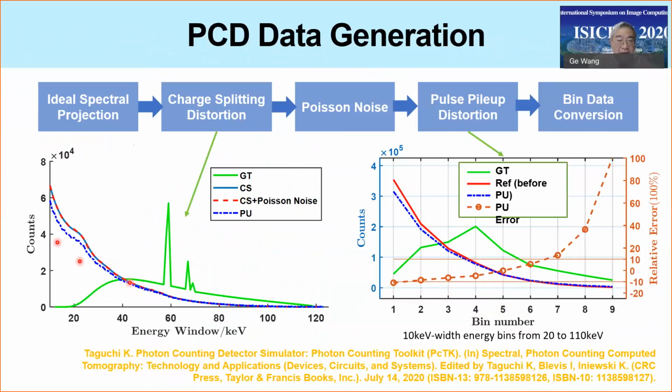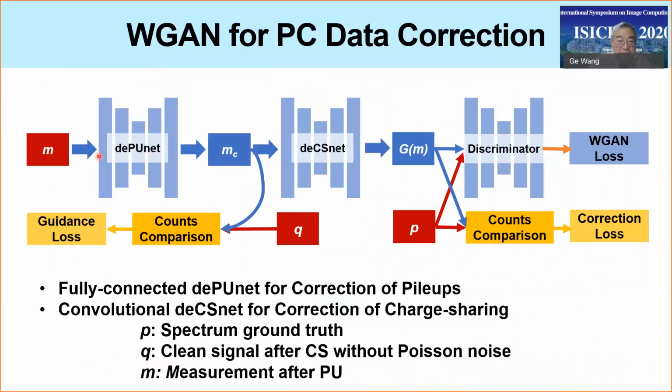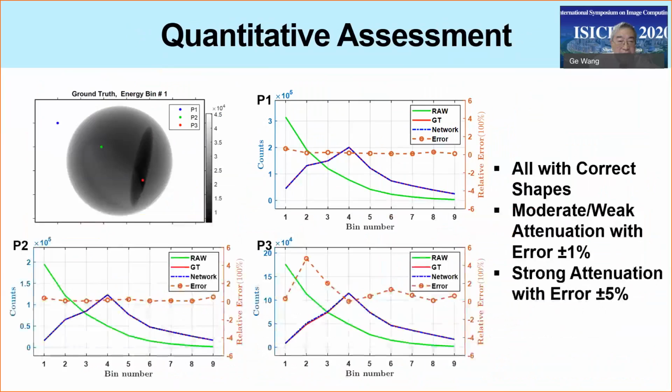So we have this whole workflow based on Ken Taguchi's simulator. We added some further functions so we can simulate the whole imaging chain. Strong artifacts can be corrected using a deep neural network. We got some quantitative results, so we are happy with this machine learning capability.